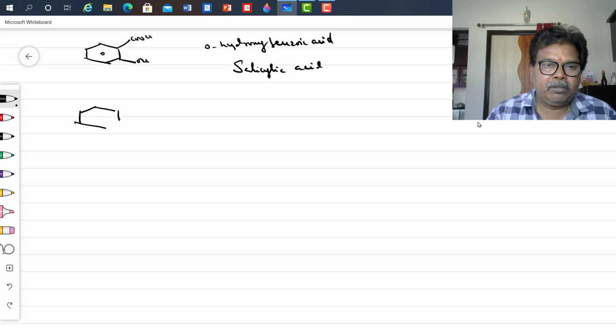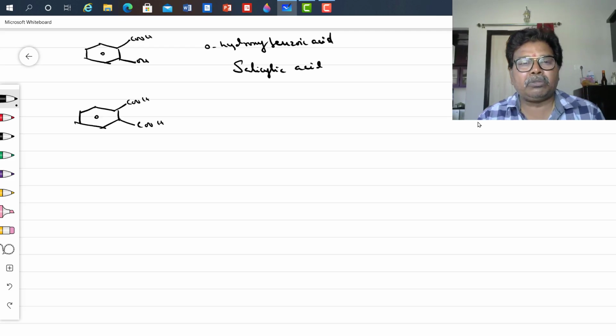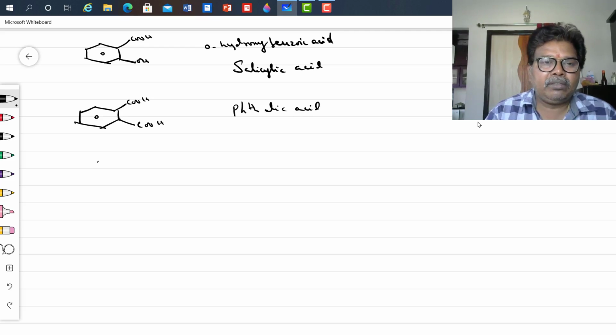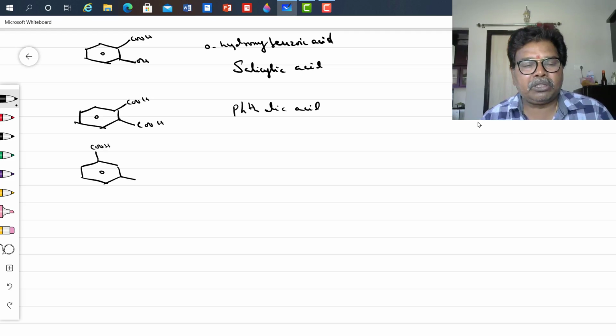If one more COOH group is present at the ortho position, then it is called phthalic acid. If COOH groups are present at 1 and 3 positions, the meta position, then it is called isophthalic acid.